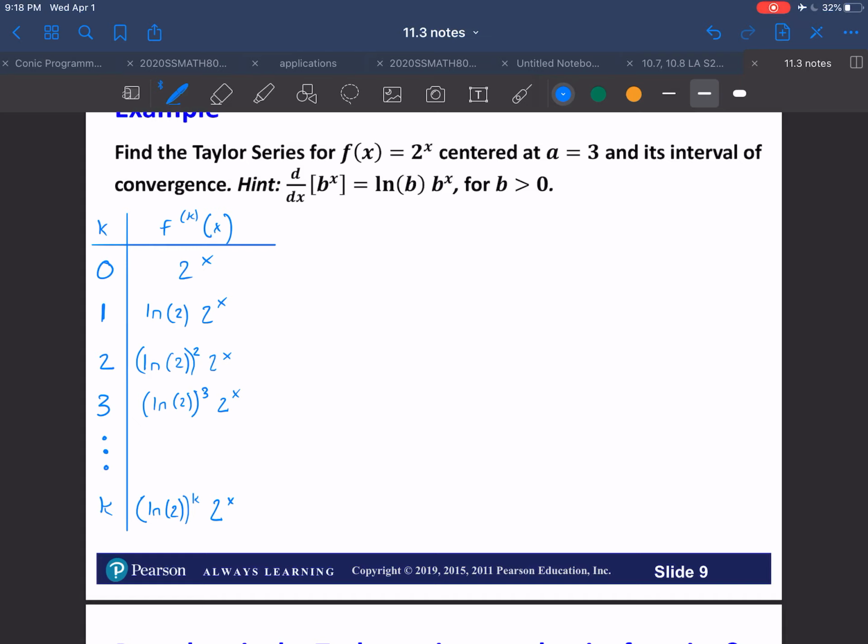And this is fk of x. So that is, in general, the way that you write the kth derivative of your function evaluated at x. So now we use this information. Let me actually write it below. I think that'll make the most sense.